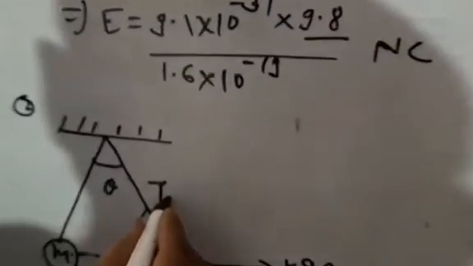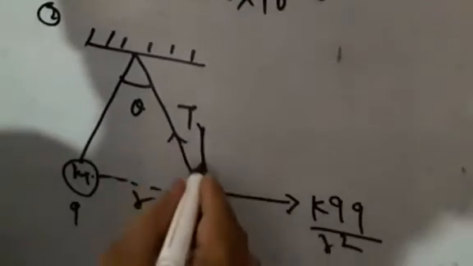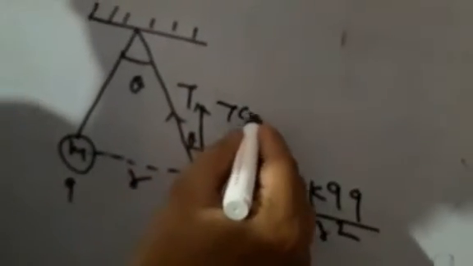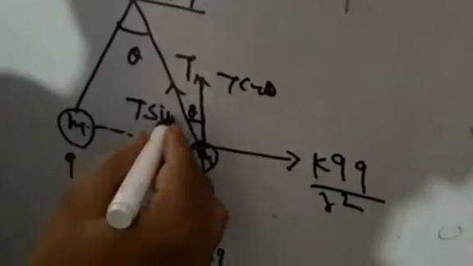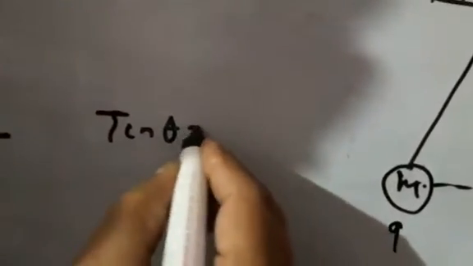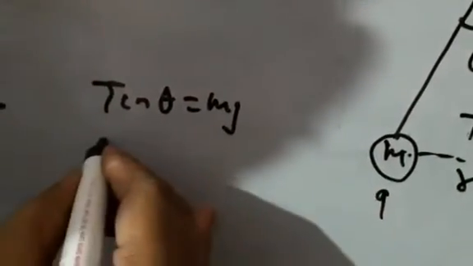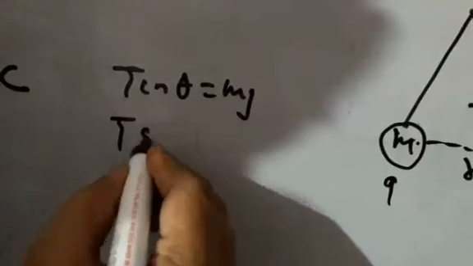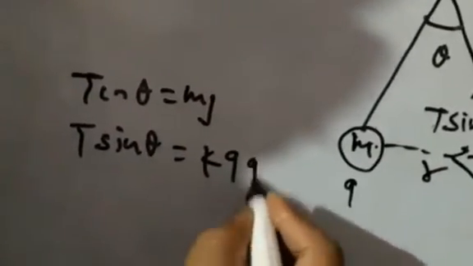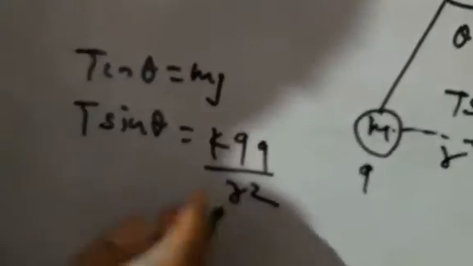On resolving T, we find two components, T cos theta and second T sin theta. Therefore, in balanced position, T cos theta is equal to mg and T sin theta is equal to constant QQ upon R square.